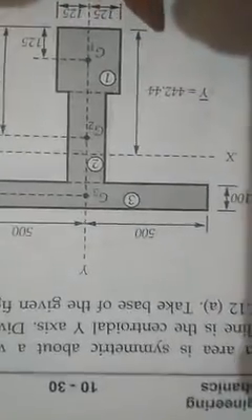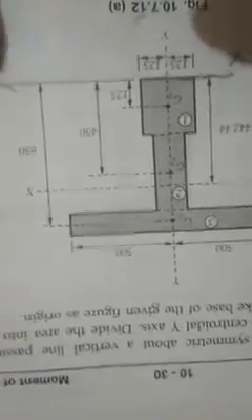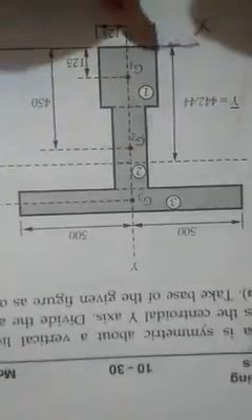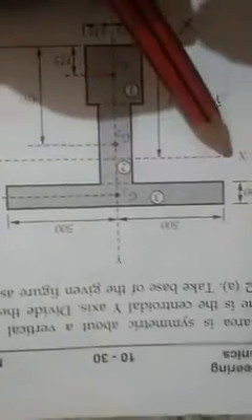Once you have taken the reference axis, the x axis, from here to here the y distance you got is nothing but y bar. You have to take that from this reference axis, at a height of about 442.44 mm, and you will get the centroidal x-axis.